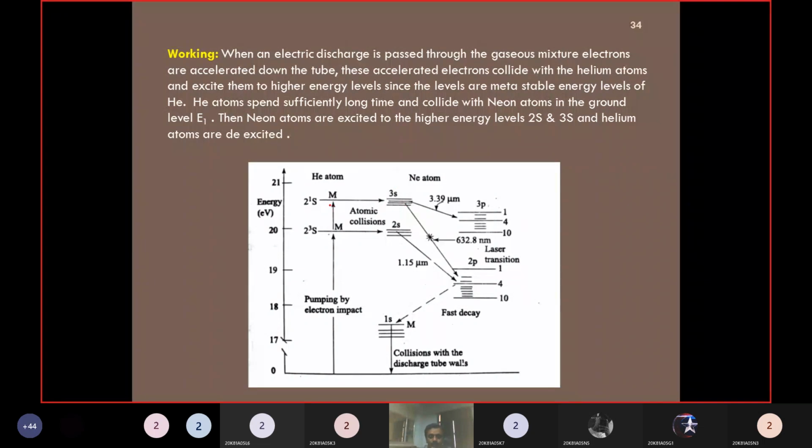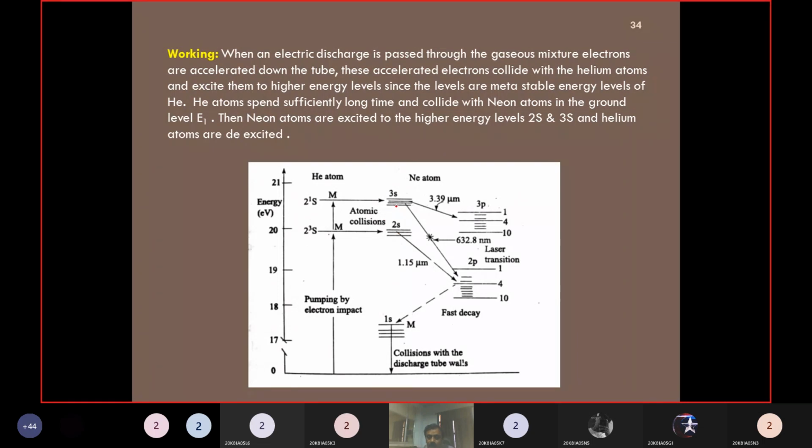So this 2s1 energy state of the helium atom is equal to the 3s energy state of the neon atom. Similarly, this energy state is equal to the 2s energy level of the neon atom. So because of the collision between the helium atoms and neon atoms, the neon atoms go to the excited states, 3s and 2s.